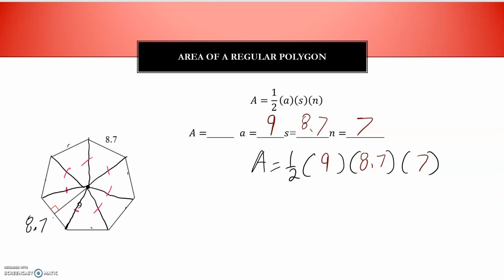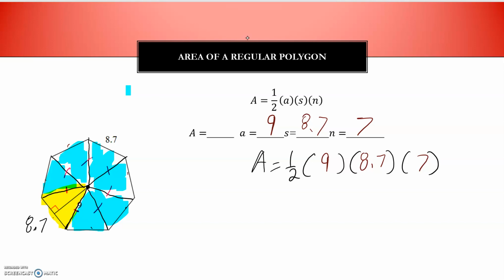With that, I know that if I take the area of one triangle, it is the base times the height divided by 2. So we have 1/2 times base of 8.7 times height of 9. And what's more, if I take that and multiply it by the number of triangles, 2, 3, 4, 5, 6, and 7, I will have the area of that whole shape.